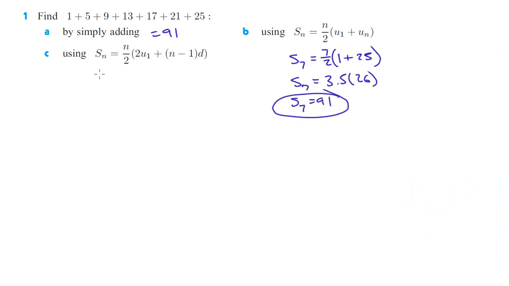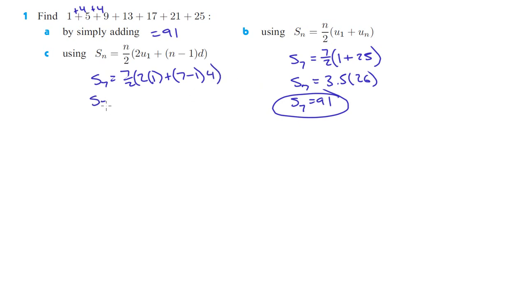And then it says also use this formula here. So S of 7 equals 7 over 2, all times 2 times the first term, which is 1, plus the number of terms, which we figured out is 7, minus 1, all times the difference. This is plus 4 over and over again, so our difference is 4, right?